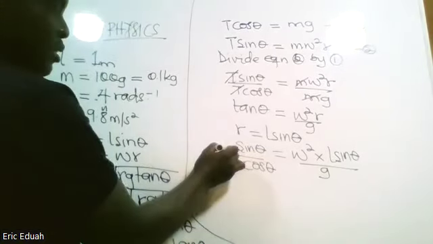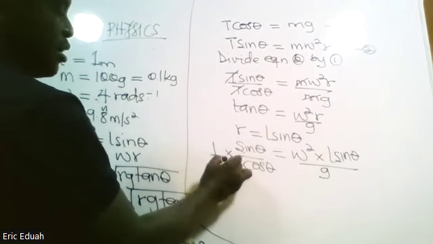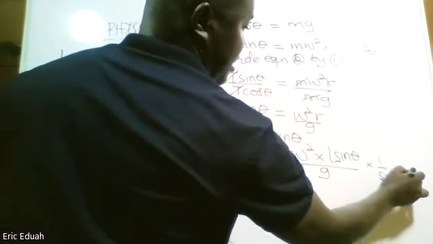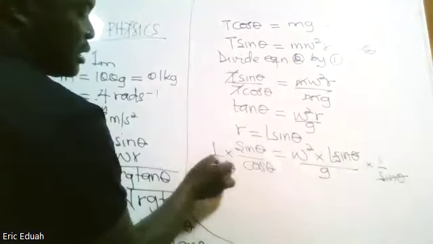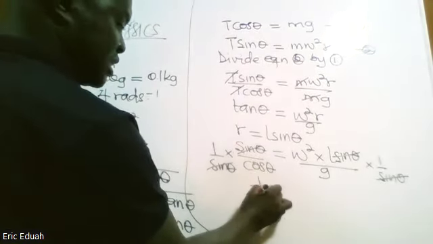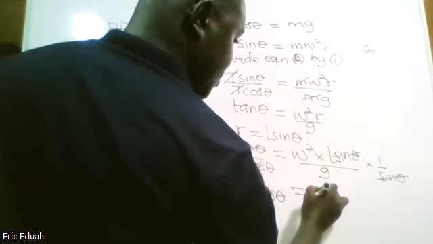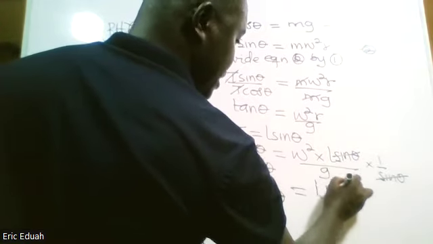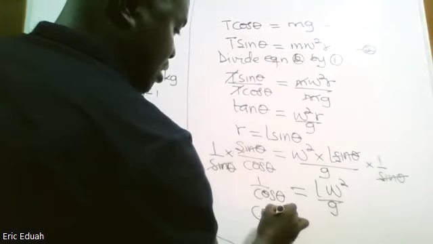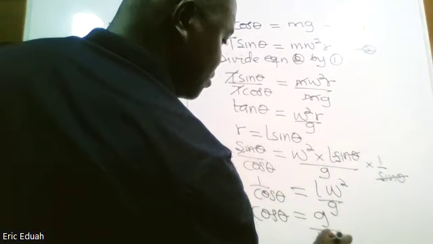And so when you divide through by sine theta or multiply through by 1 over sine theta, this and this will cancel, this and this will cancel. And so we have 1 over cos theta equal to L omega squared over G. Therefore, cos theta would be equal to G over L omega squared.